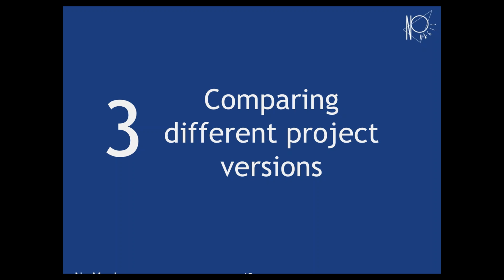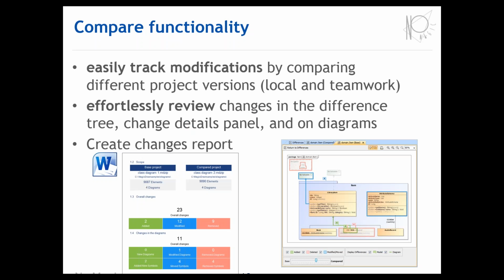For the new version, 18.2, we have redesigned and created a new visual compare for the diagrams, and also a changes report. So now, since version 18.2, you can have the visual compare, seeing visually what was changed exactly in the diagram or in a specific element, and you can even generate a report for those changes.